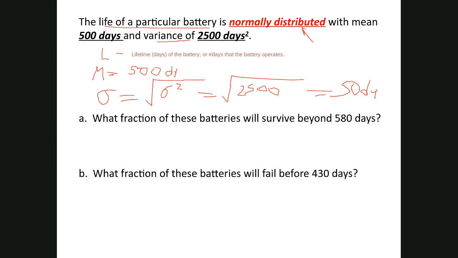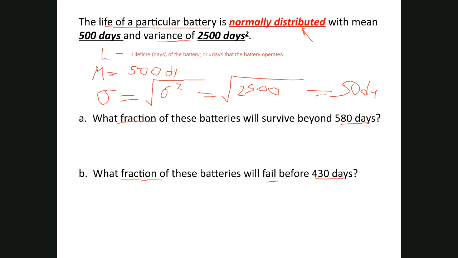All right. So what we want to know is what fraction of these batteries will survive beyond 580 days. And then the second question is what fraction will fail before 430 days. And you might think that the days is countable, but they're not. We actually can measure this in terms of partial days as well.